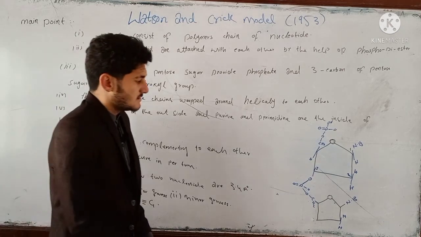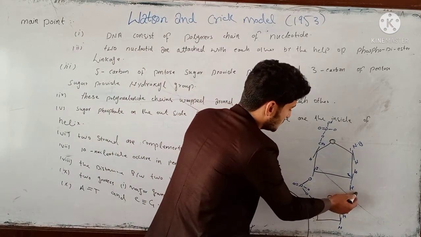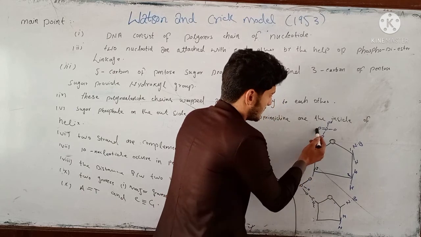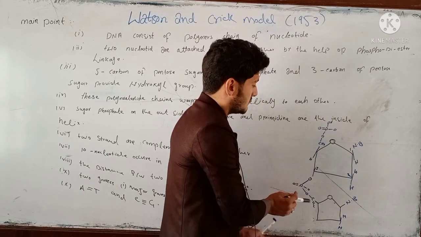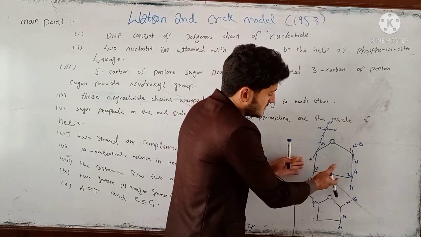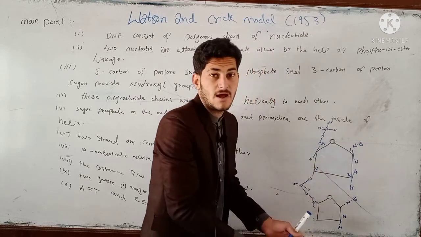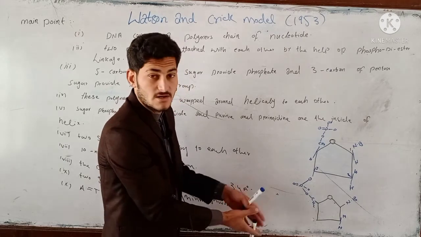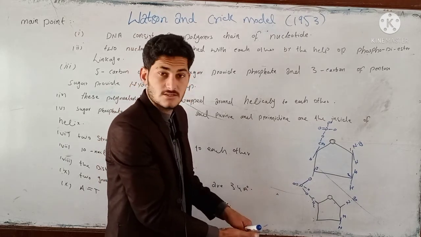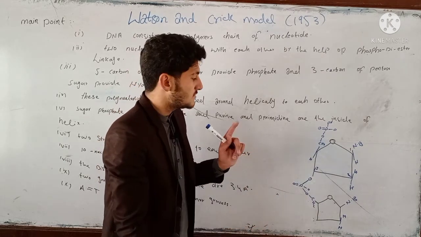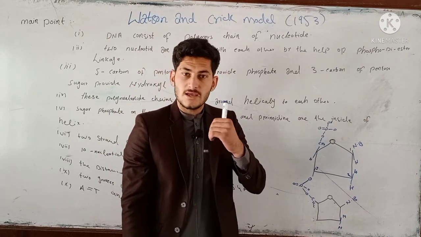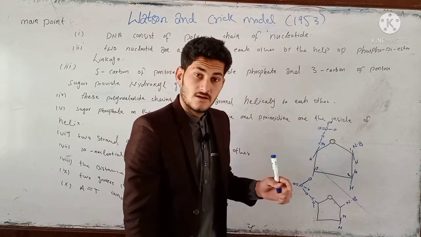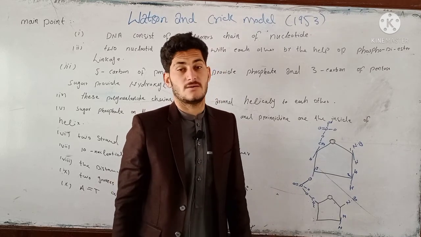This is the structure of one nucleotide. When these nucleotides, these monomer units, combine with each other, they form a polymer. If you learn the structure of one nucleotide, you can easily understand the overall structure of DNA.